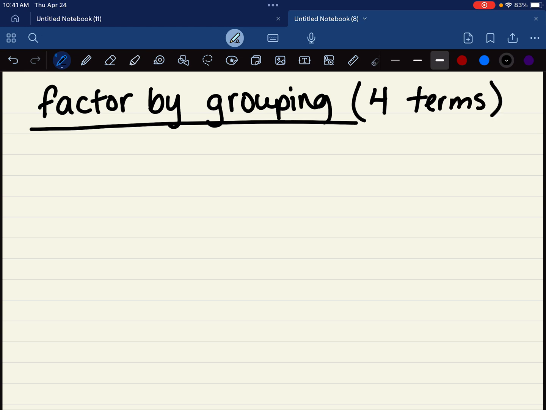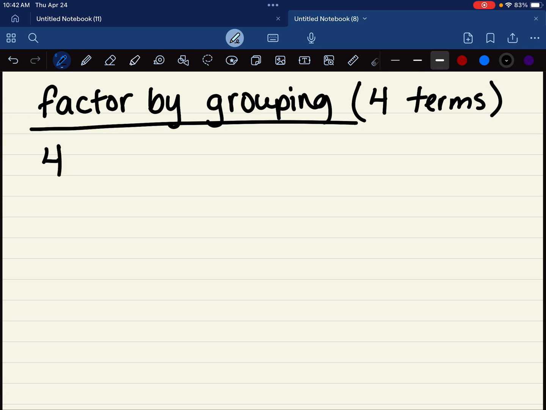So 2 terms, just factor out GCF. 3 terms, factor out GCF. If you have 4 terms, which is important because once we move to 10.6, we'll use this on everything. What are we on? It's still 10.5. But on 10.6, we'll make it 4 terms every time, and we'll use this process every single time.